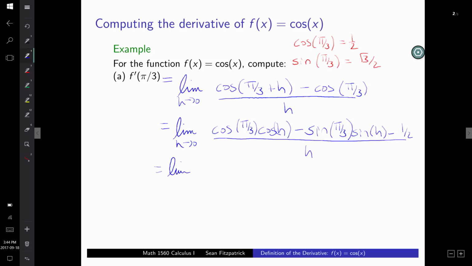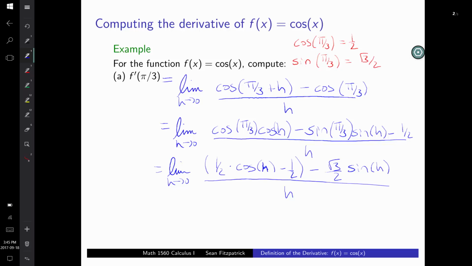So let's evaluate the remaining ones that we can do. I've got 1/2 times cosine of h, and for reasons that will become apparent soon, let me take this 1/2 here and combine it with these guys. Then I'm left with minus sine of pi over 3, root 3 over 2, times sine of h, and the whole thing is divided by h.